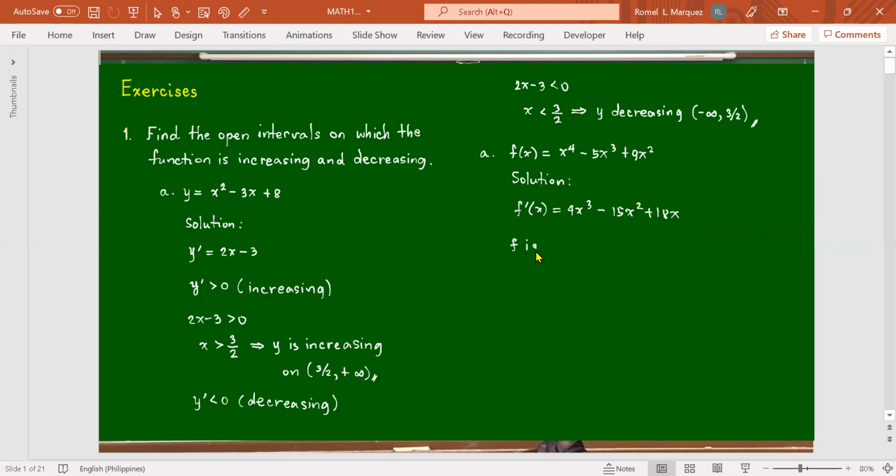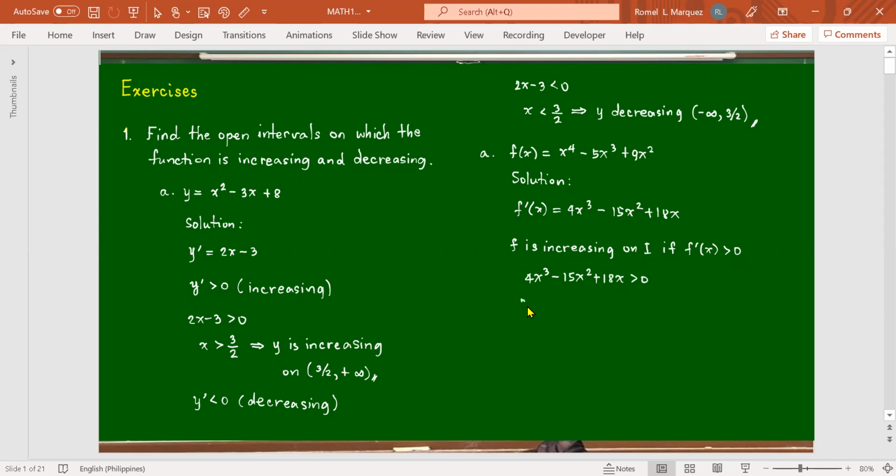Okay? So f is increasing on an interval if what? If f prime of x is greater than 0. Okay, guys? So we have 4x cubed minus 15x squared plus 18x, and this is greater than 0.